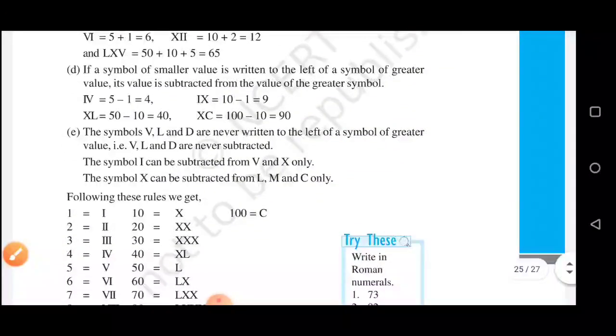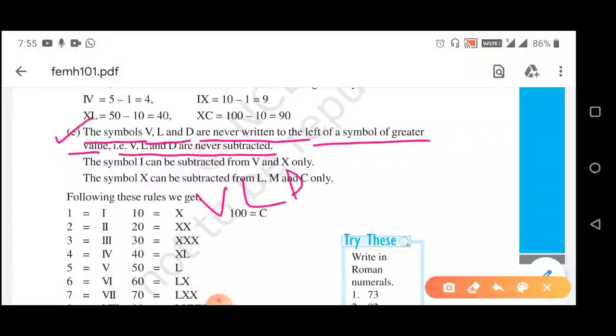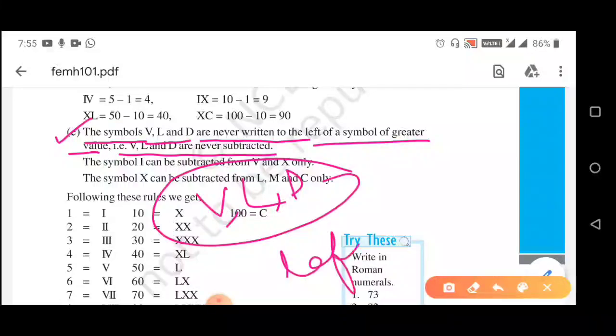The next rule is rule number E. The symbols V, L and D are never written to the left of a symbol of a greater value. V, L, D are never subtracted. That means these letters cannot be written on the left side of a greater value.